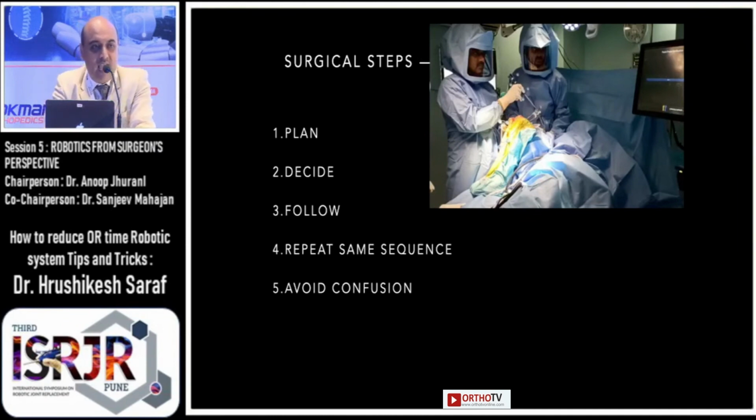So you have to plan your steps, you have to follow those steps, and you have to repeat same sequence in each surgery so that all your assistants know what you are going to do next, and your scrub nurse will give you the exact instrument which you want for the next step, and that will avoid the confusion.